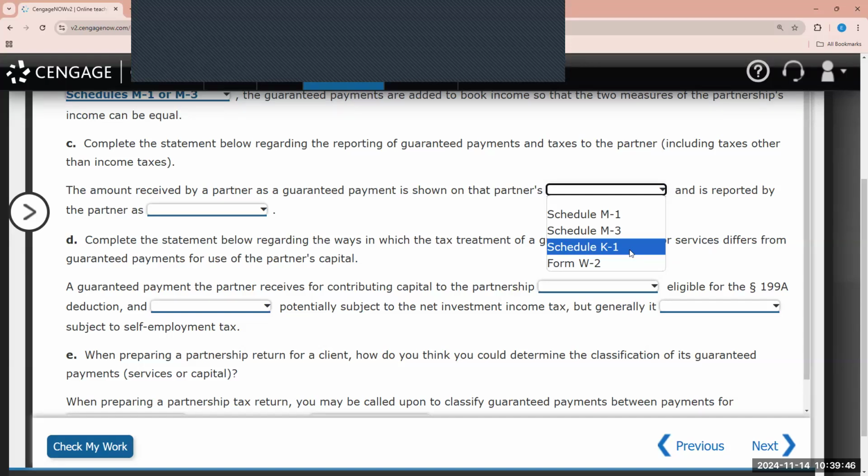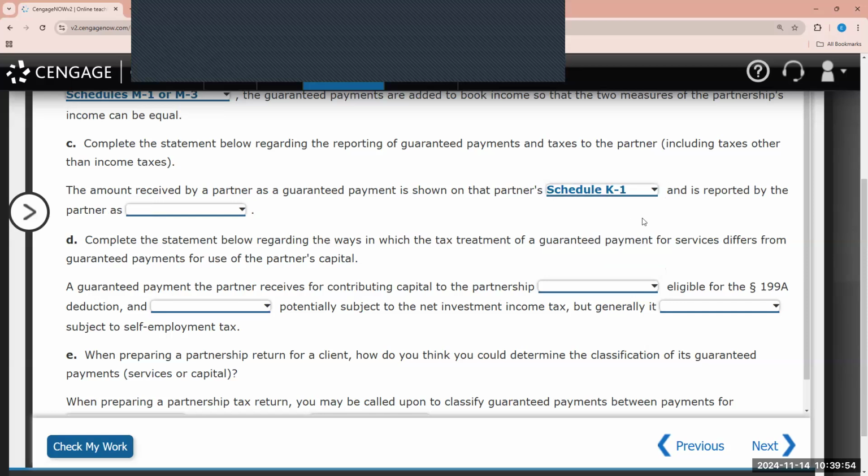It's not shown on M1 or M3, as we just pointed out. M1 and M3 are basically the reconciliation for book to tax income. It will be on Schedule K1, which is the form that the partner or the member receives from the partnership, which shows their share of income, deductions, etc. And it will be reported by the partner as ordinary income.